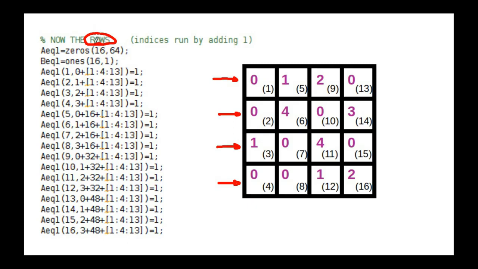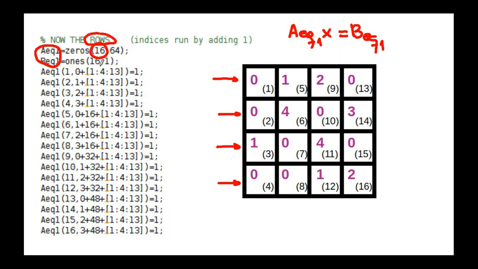That's why I have 16 additional equality constraints. So now these are A equality 1 and B equality 1. A equality 1 multiplied by the optimization array will be equal to B equality 1.